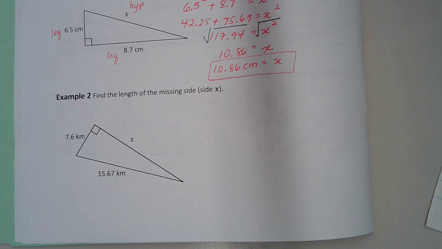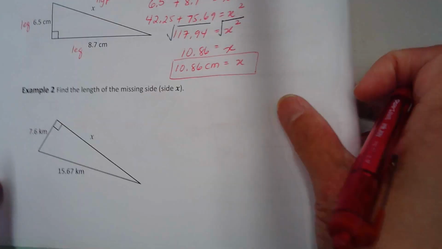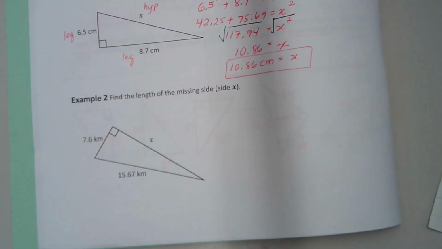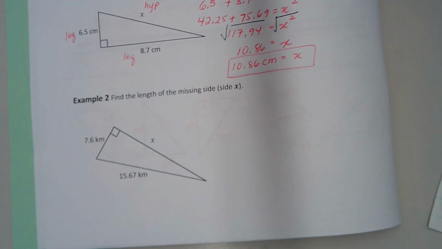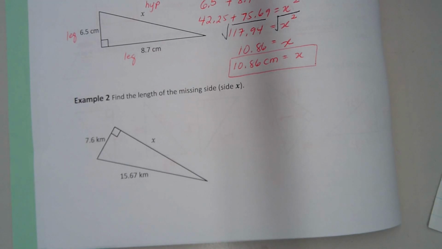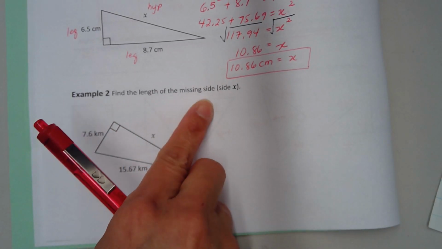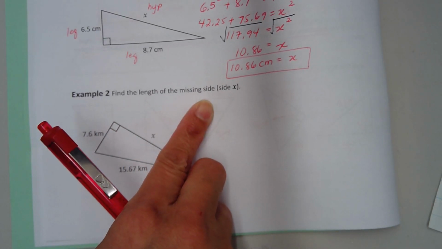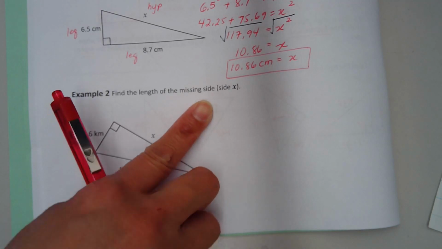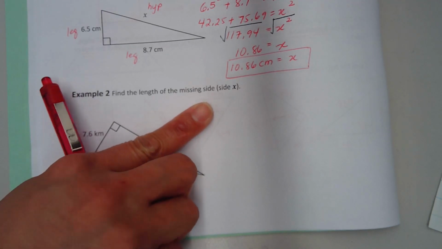I'm going to go to example number 2 and then we'll finish it off. Pythagorean theorem. It says here, find the length of the missing side. Remember, they didn't say use the Pythagorean theorem to find the missing side, right?